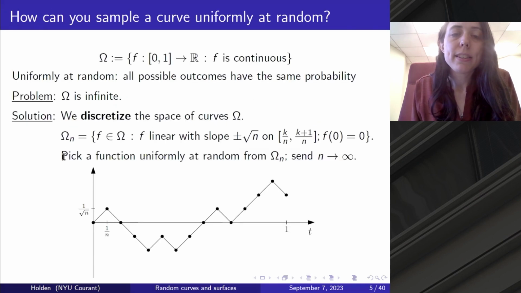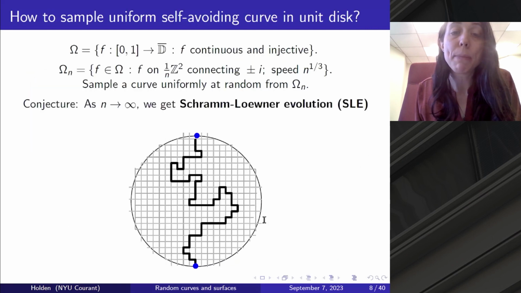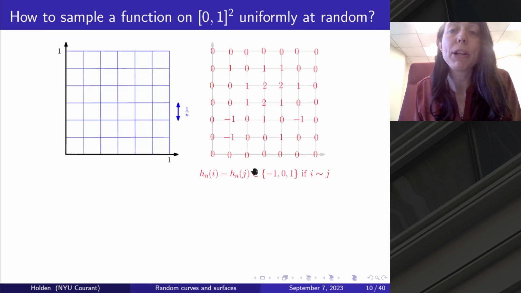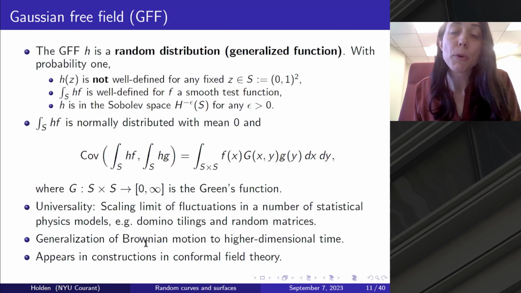If we look at this discrete model converging to a Brownian motion, then if we pick a two-dimensional time set, then we get exactly the model that we're considering here. And for this reason, one can view this Gaussian free field as a generalization of random motion to, in this case, two-dimensional time. One can also do similarly in even higher dimensions.